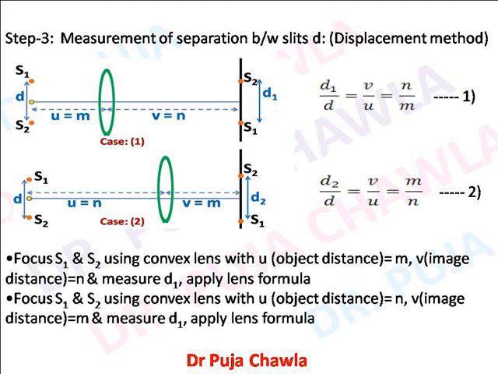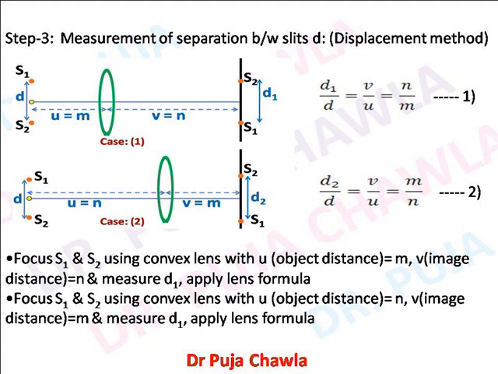That means I have to focus these virtual sources on the screen so that I can measure the separation between them. Suppose S1 S2 is small d. Now I have to use a focusing lens, a convex lens, to focus S1, S2 on the screen.